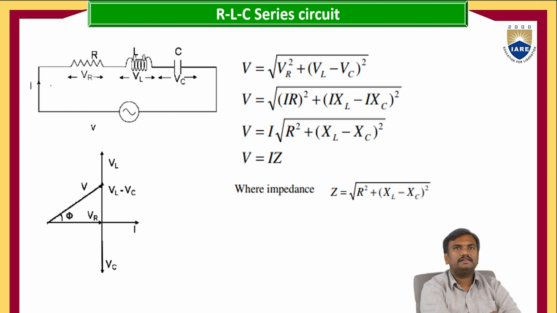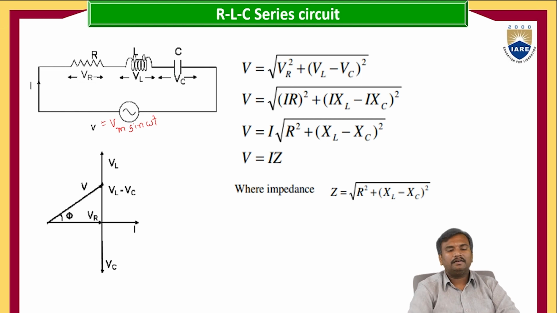When the elements are connected in series, the current is the same, and the voltage which we are giving is V equal to Vm sine omega t. And here the voltage is divided into three parts, that is VR, VL, and VC. Always VL will be positive, VC will be negative. And here we are assuming that the VL value, the inductive voltage, has a higher value.